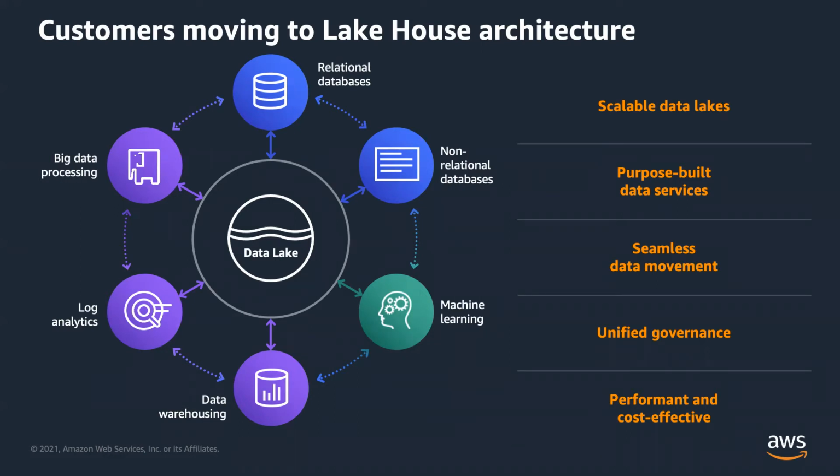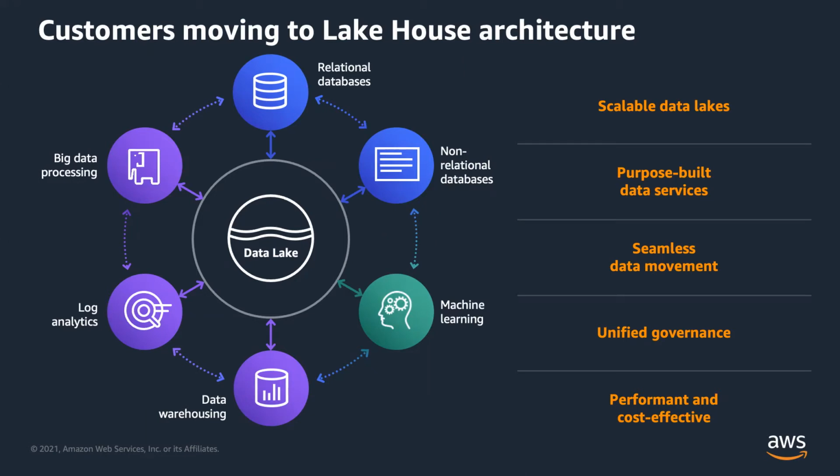So not just keep it for one particular use case, but use it for multiple use cases. We also help the customer by using this data lake, the lakehouse architecture, to set up the governance and compliance in a unified way so they can secure, monitor, and manage whoever is accessing this data, right?